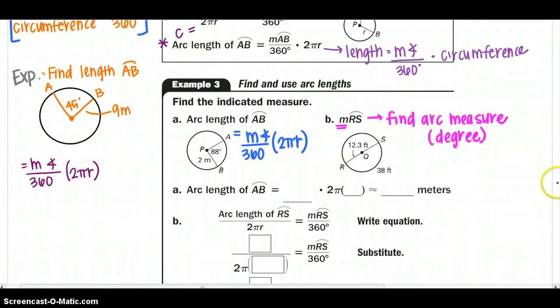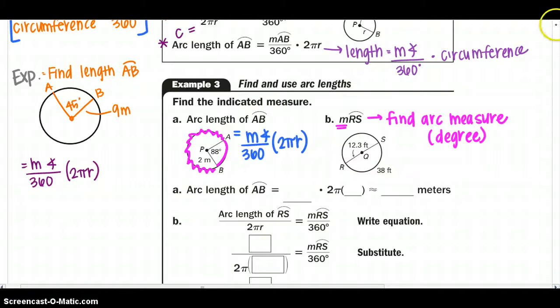So A tells us that we want to find the arc length of AB. So not the degree, but the measure of arc length compared to our circumference. I've written the equation that we want to use because we're finding the arc length.